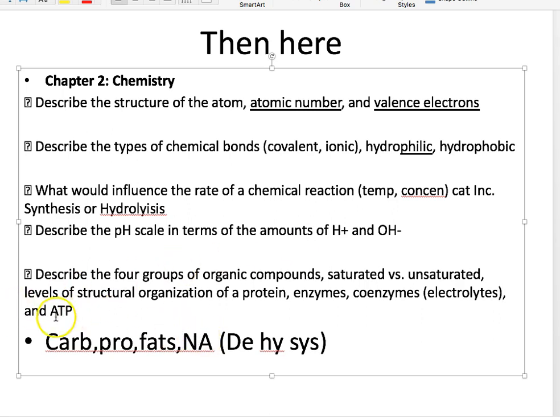ATP ultimately is a nucleic acid, but ATP is a sugar phosphate structure with a nucleic acid that stores energy temporarily, right? Okay. Cool. So that's how you want to think about chapter 2.